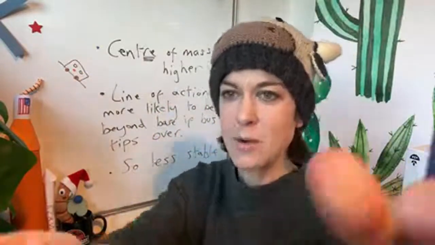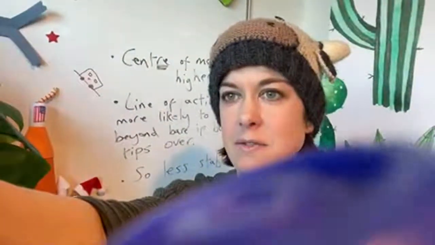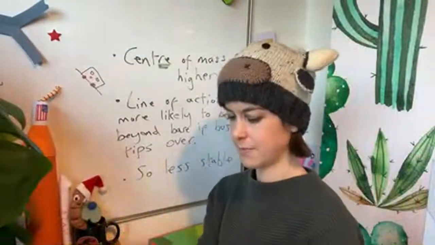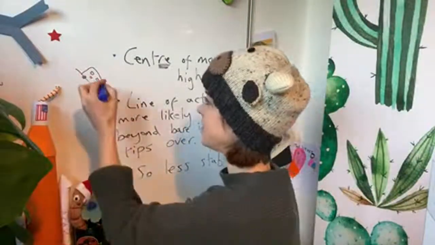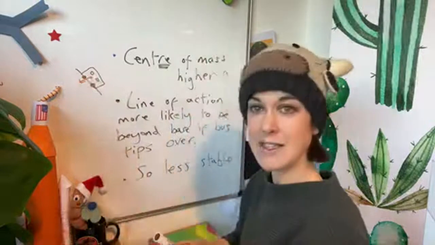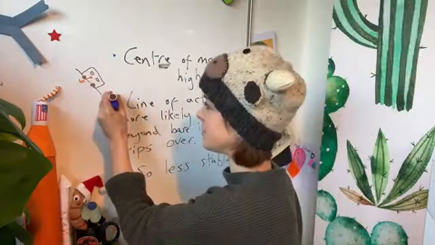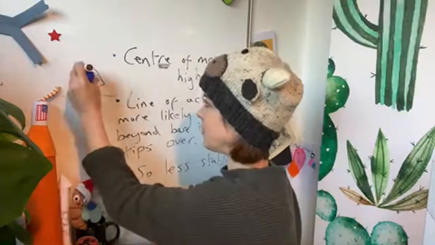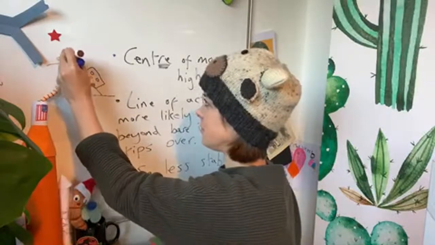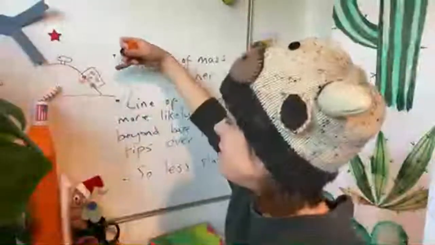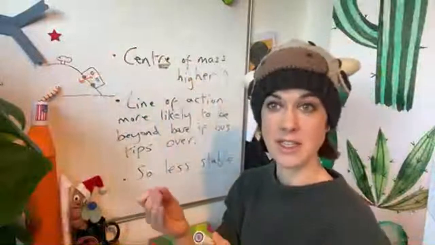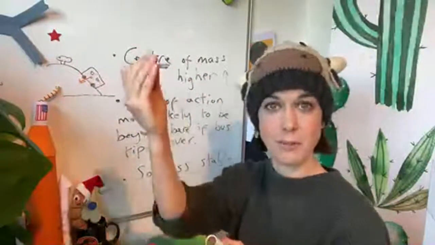It's very small. It would be very tempting to draw the line of action of this bus going like into the hill. But that isn't how gravity works, is it? So if you imagine that this is the ground and this is just a hill, the line of action is not going to be going, because you're used to drawing it just like down from the bus to the ground, right?